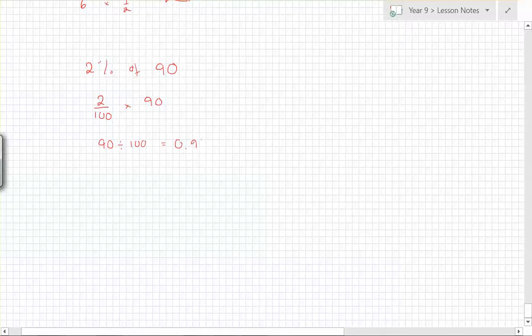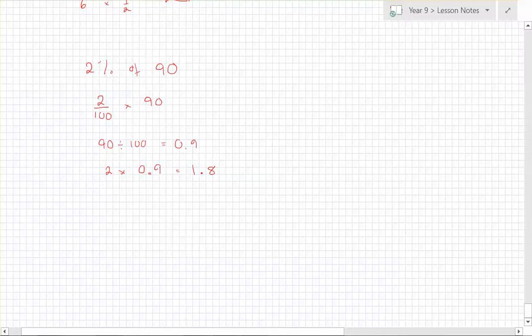Then 2 times 0.9 is? 0.18? No, I'm afraid it's not 0.18. You've forgotten your decimals. Sophie, what were you going to say? 1.18? 1.8.